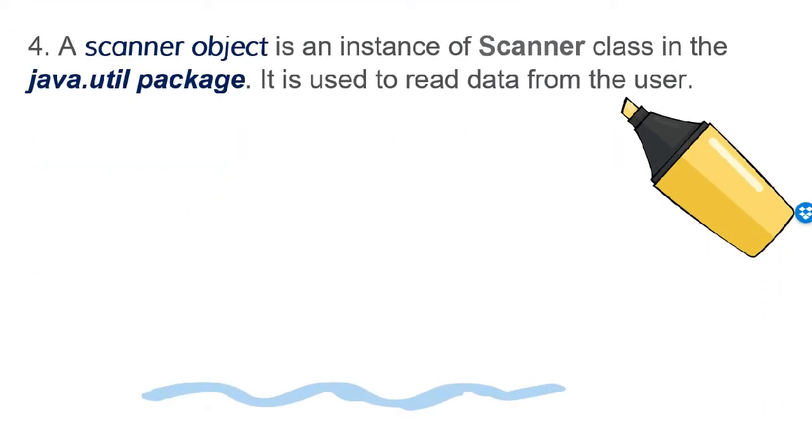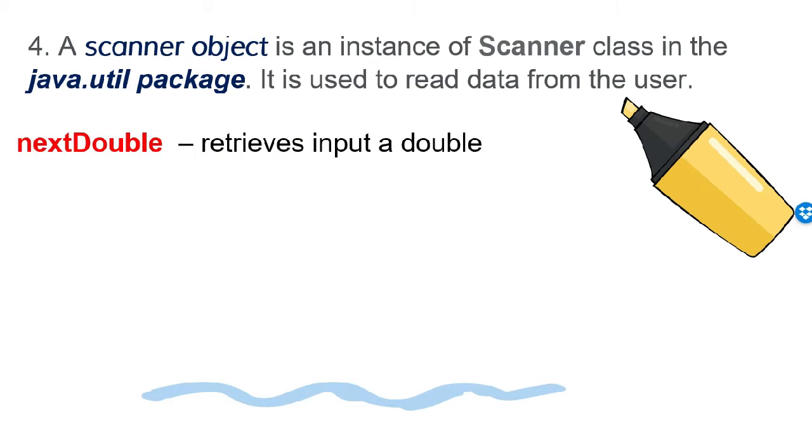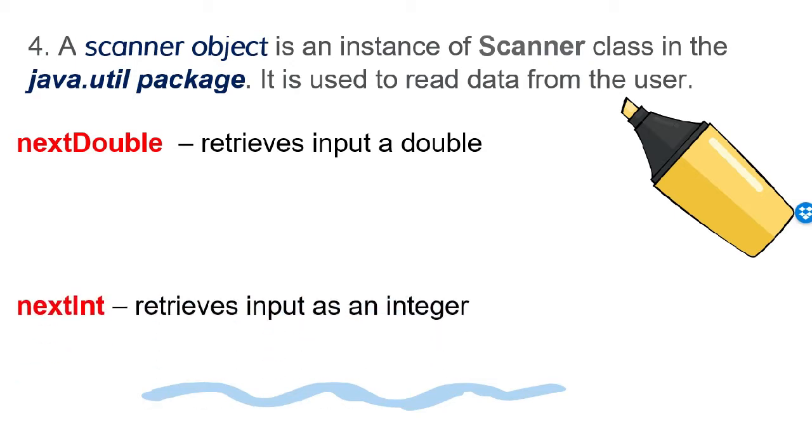Number 4, we also need the scanner object. The scanner object is an instance of the Scanner class in the java.util package. It is used to read data from the user. To make our program interactive, we need this scanner object, such as nextDouble that retrieves input as a double, or reads a decimal point value.